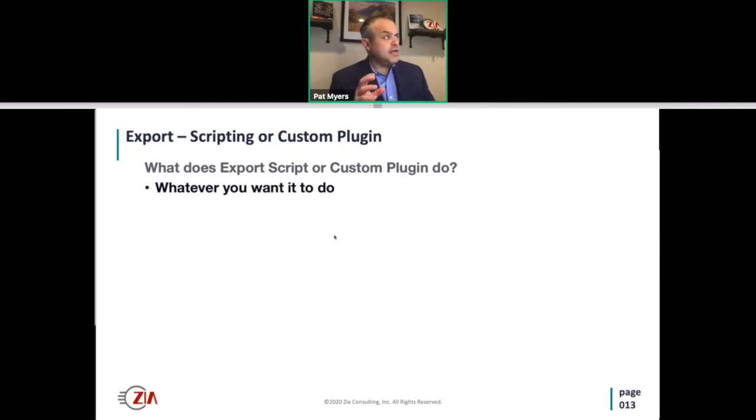When you create either a script or a custom plugin, and I'll describe what those differences are in just a moment, you're going to be handed information around the document object model. If I refer back to the batch XML, the document object model is just an in-memory batch XML, that hierarchy of what you want to do with it.